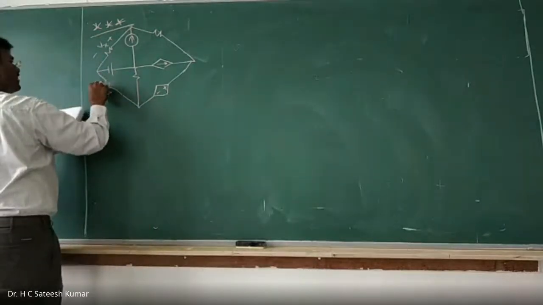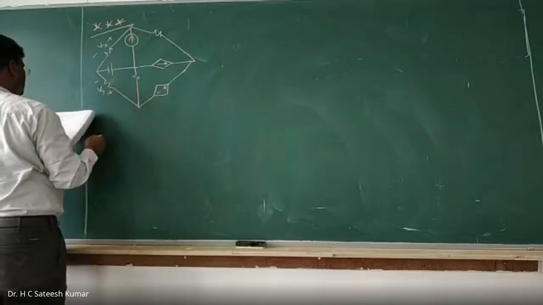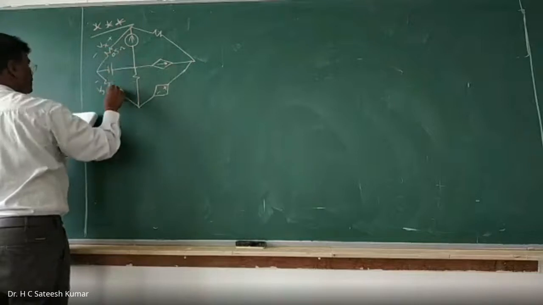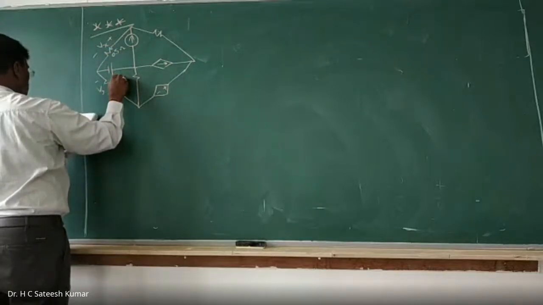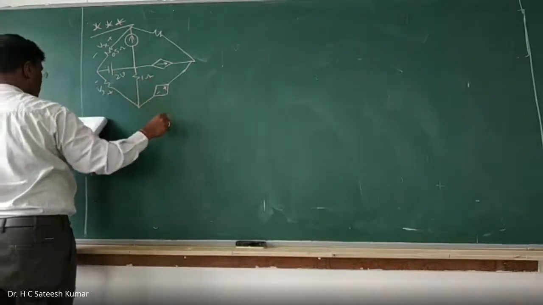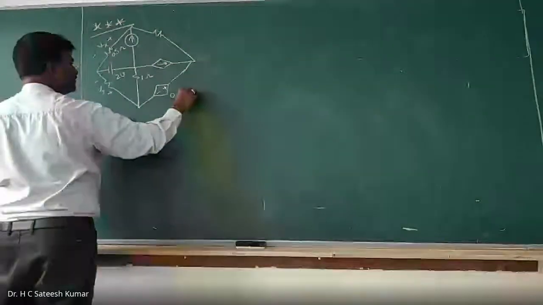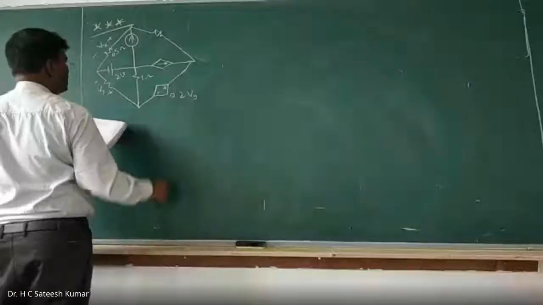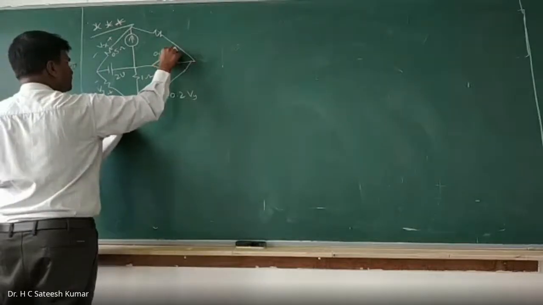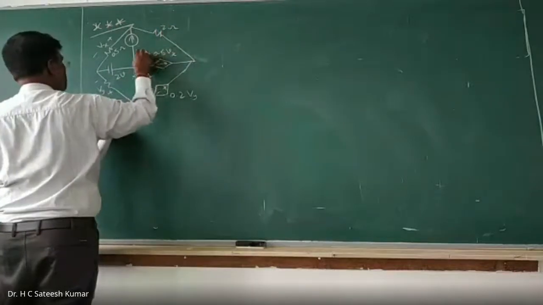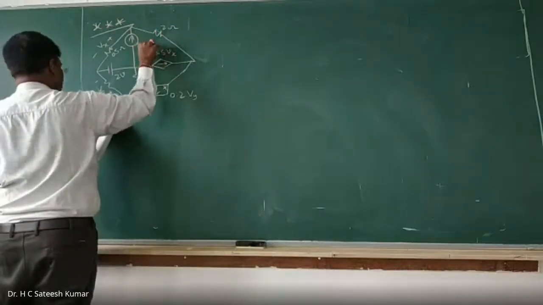Plus, minus Vy. 0.5 ohms, 2 volts, 1 ohm, 0.2 Vy, and 0.5 Vx. This is 2 ohms. This is 14 amps.